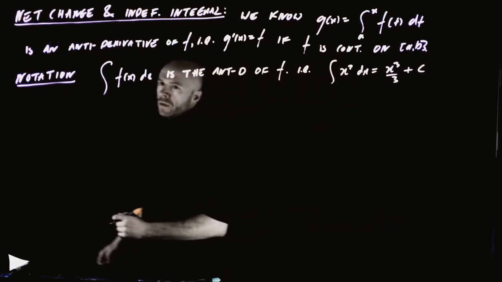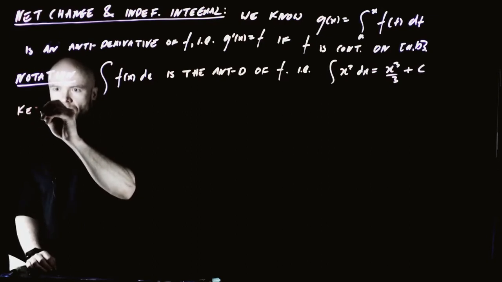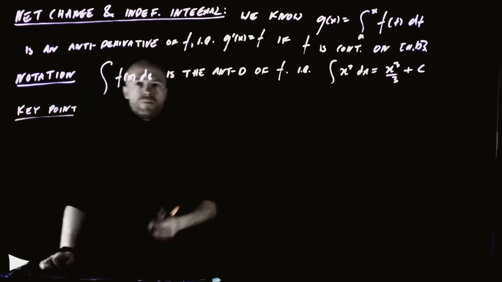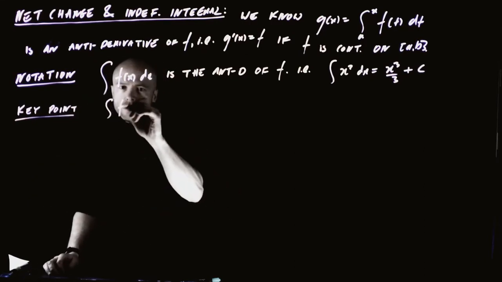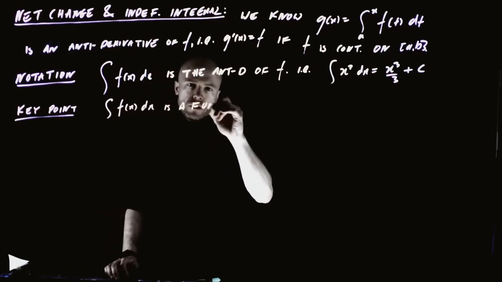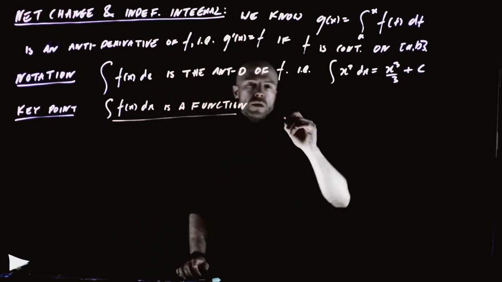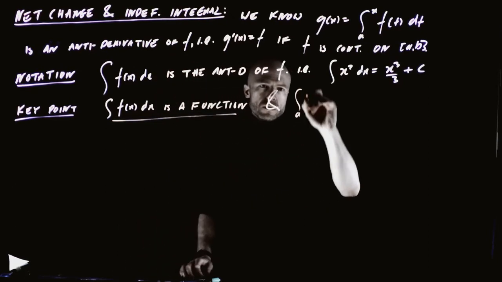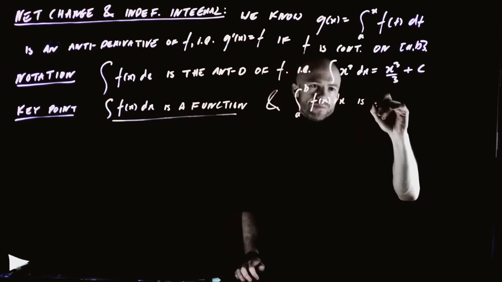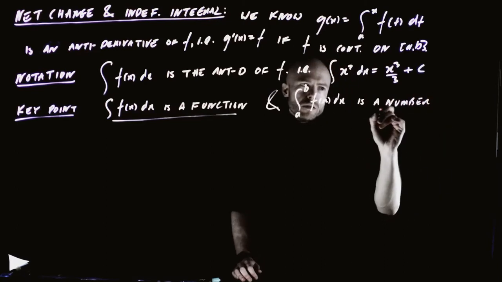Yeah? So, the key point, and this is a point that can cause some confusion. This is a function. And this is a number, which are completely different things, right?